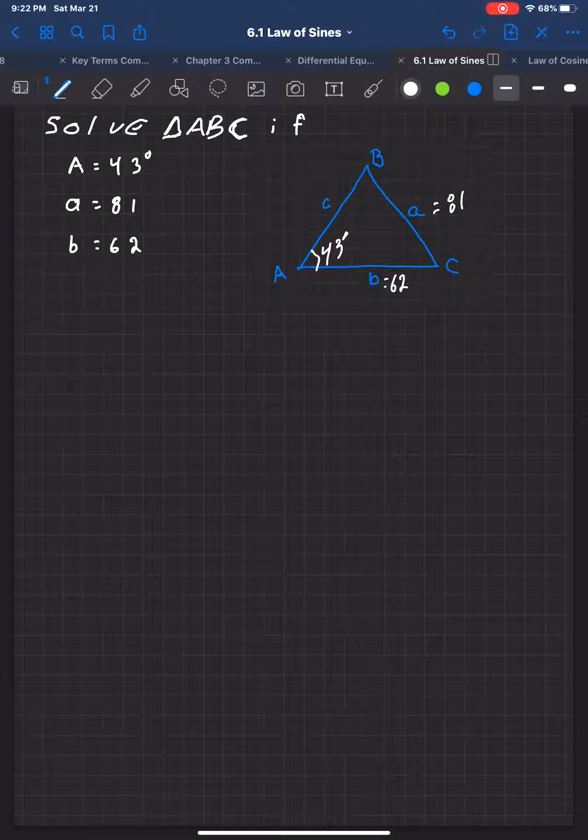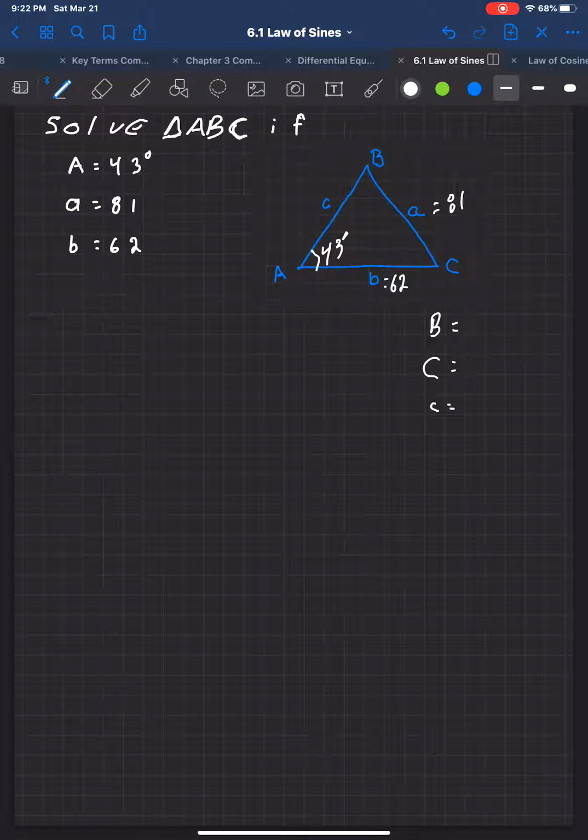You'll have to be able to recognize that from the information given. But once you have recognized it and you heed my advice just to slow down, then the game becomes okay, well, can I actually find angle B? Can I actually find angle C? And finally, can I find little c, right? All right, so let's jump in.